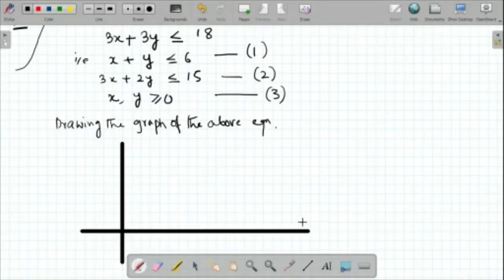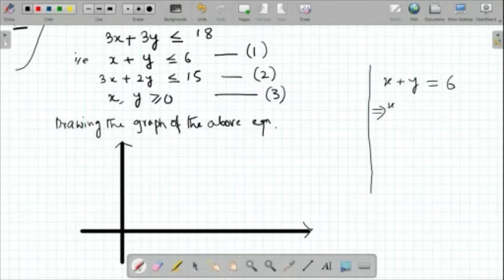All right. What does the first equation say? X plus y equals 6. Divide by 6 to make the right side 1. X by 6 plus y by 6 equals 1. The x-intercept is 6, the y-intercept is 6.